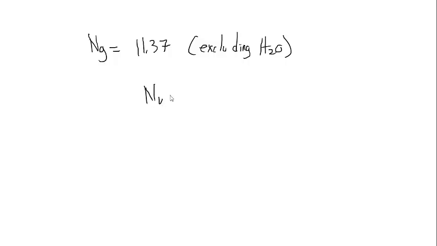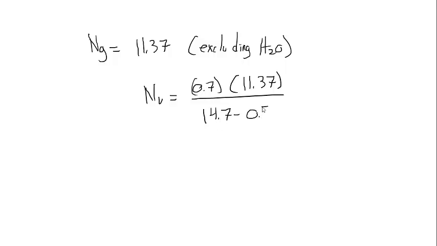So my total number of moles of vapor is going to be, again, the partial pressure of the vapor times the total number of moles of gas divided by atmospheric pressure minus vapor pressure.